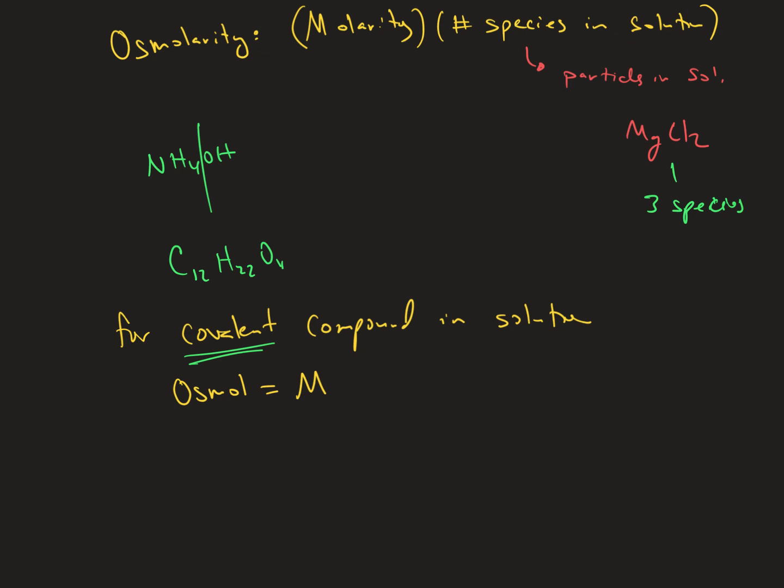Because they do not dissociate. They don't break apart. Doesn't matter how big the molecule is, it's going to stay 1 unit. Doesn't matter how small it is, it's just 1 unit, 1 species. Molarity, only for covalent compounds in solution.